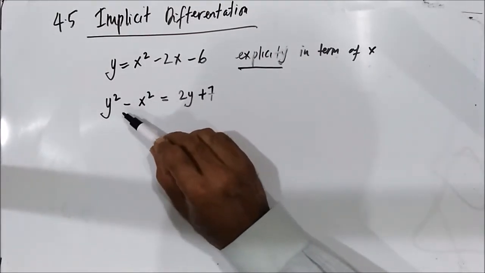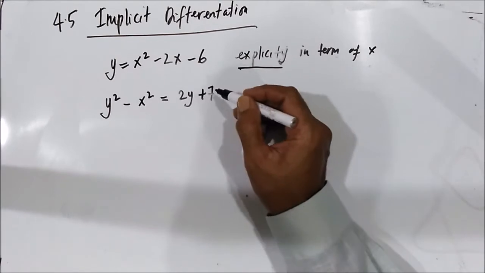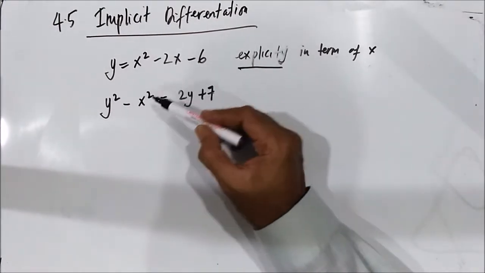But in this case, y squared minus x squared is equal to 2y plus 7. So we have a relationship between y and x.